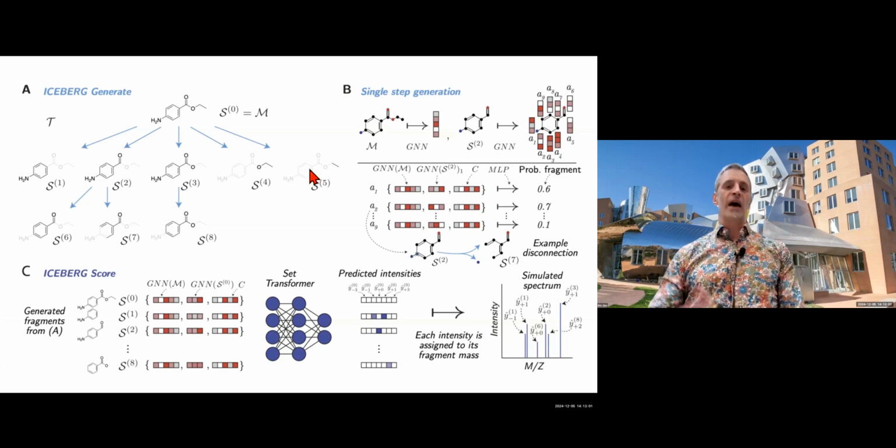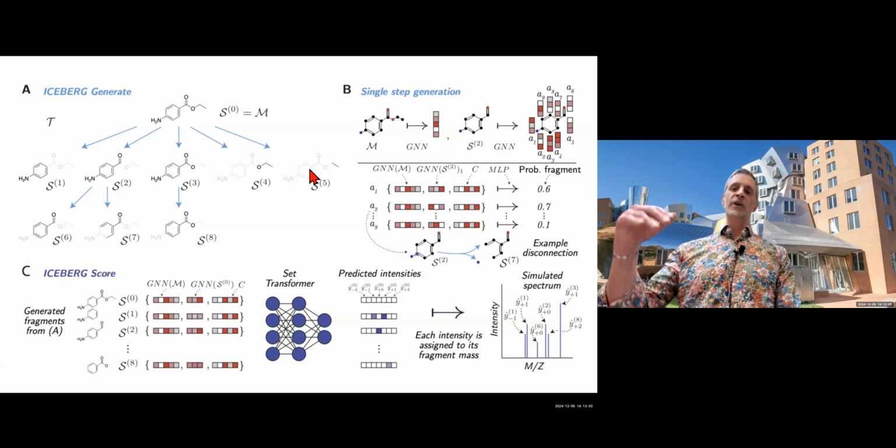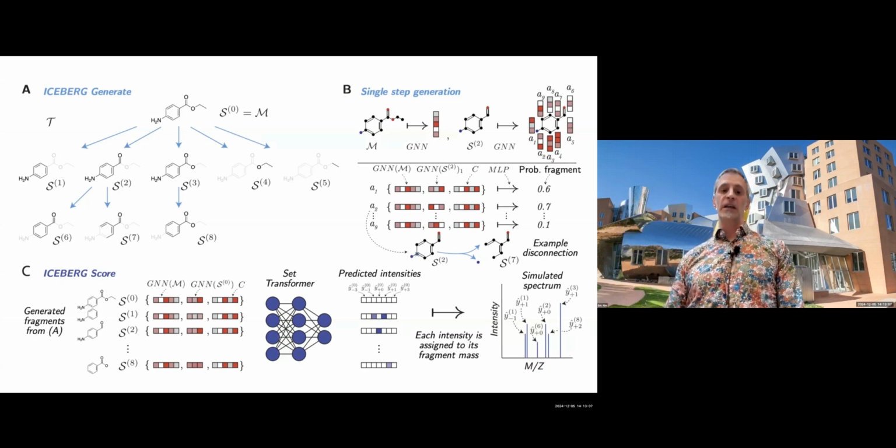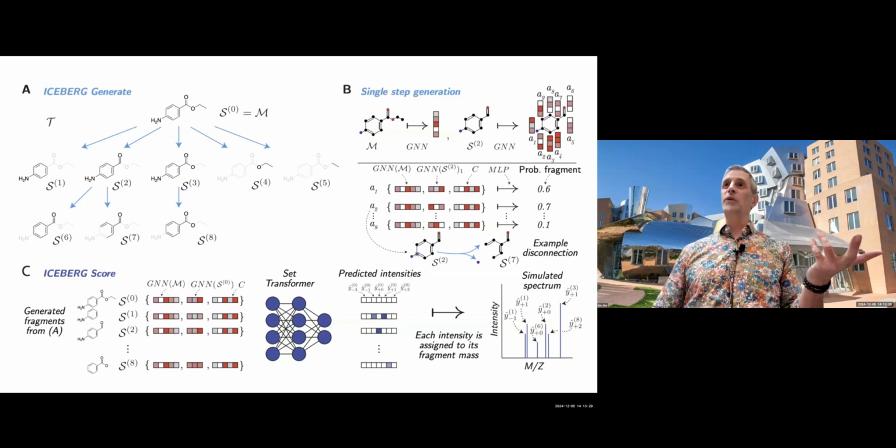And then once we have a set of likely fragments from that initial model, we're putting into our transformer what looks like a sequence of different fragments, but it's not really a sequence because there's no order to it.